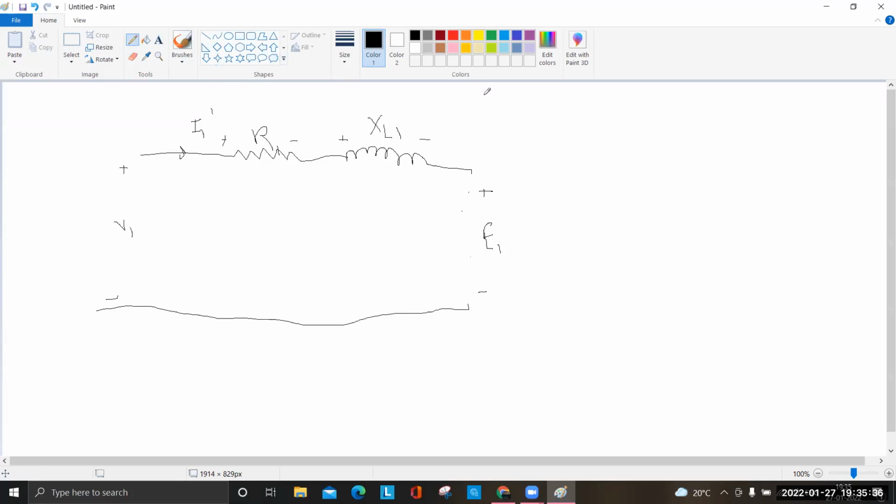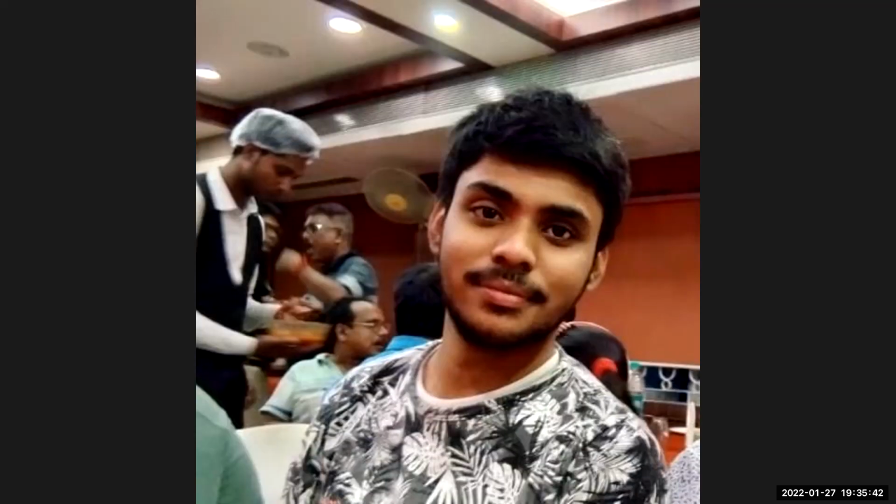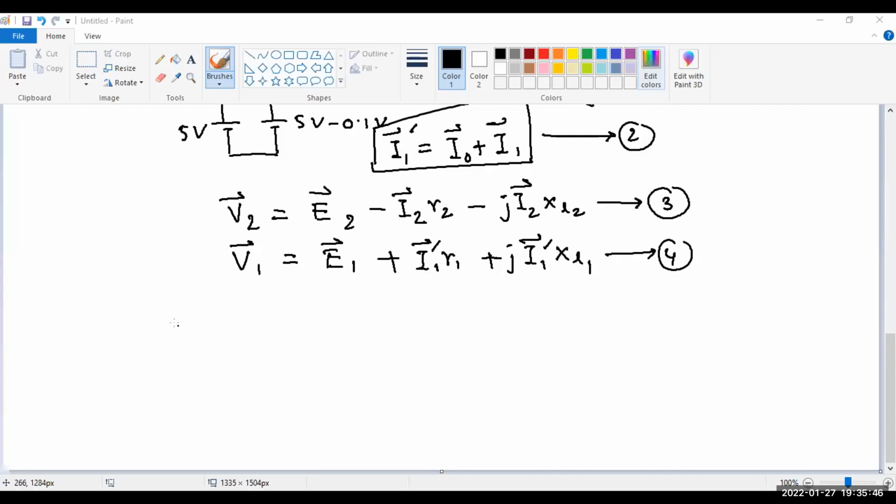So stop share. Then I'll draw the same thing. So he has drawn like this, as per the equation number 4. KVL equation number 4.